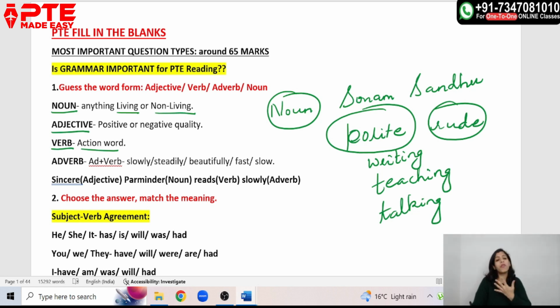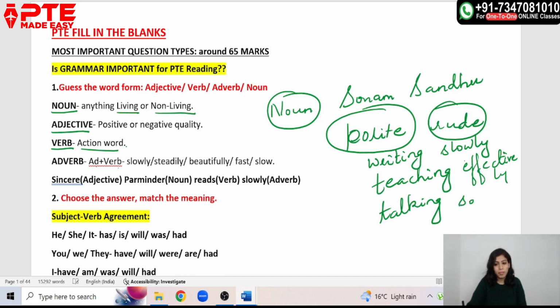Now what is an adverb? Adverb is something which adds something to the verb. Add plus verb. Add something to the verb. For example, writing slowly. Teaching effectively, properly, interestingly.